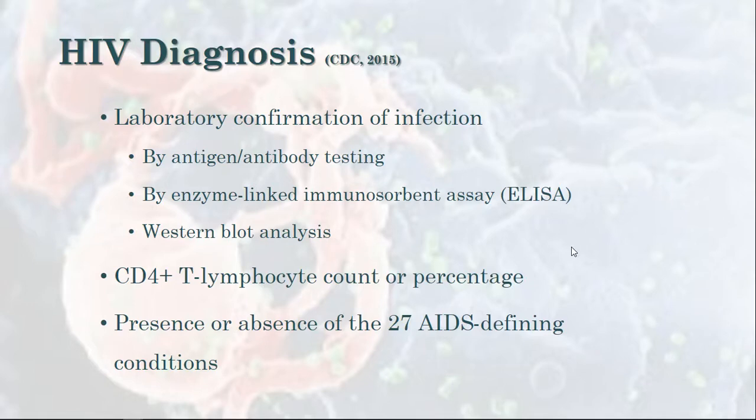CD4 T lymphocyte count or percentage is also a determining factor in the laboratory blood test, to determine if they've been exposed to HIV. So they have a presence or absence of one of the 27 AIDS defining conditions. So those are the 3 factors that can help diagnose whether someone is positive for HIV.